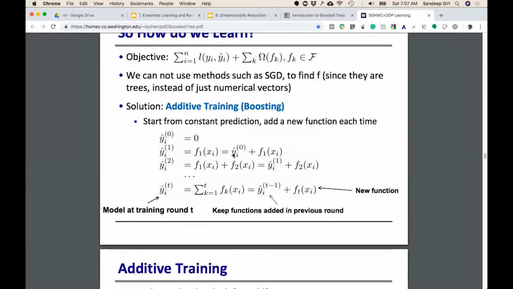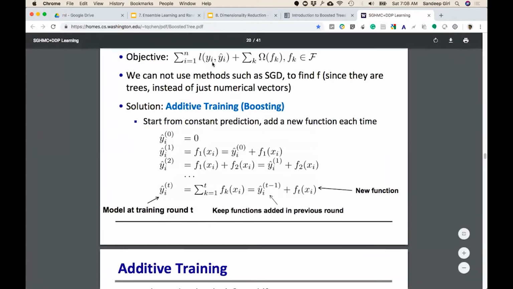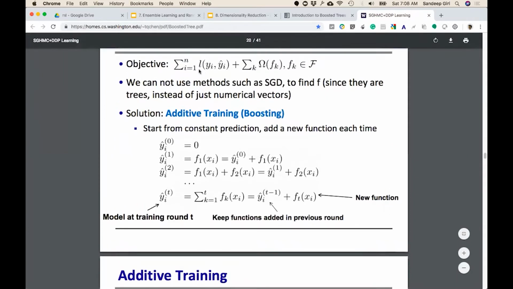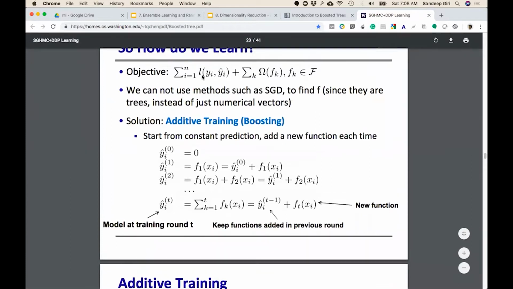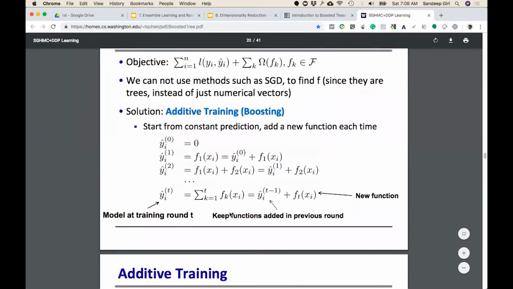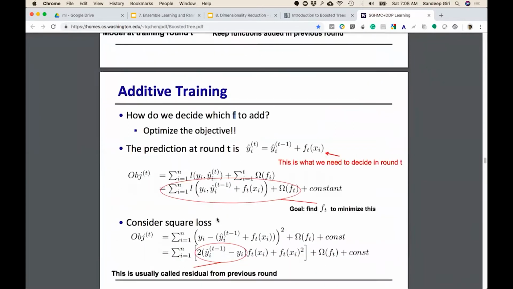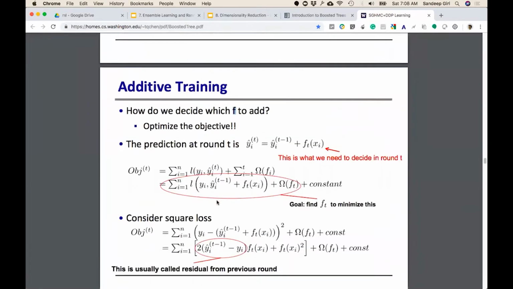At every point, the loss compares yi, the actual value, with the predicted value. Here L could be anything. But if you think about just mean square error, it's going to be the predicted value minus the actual value, whole square.